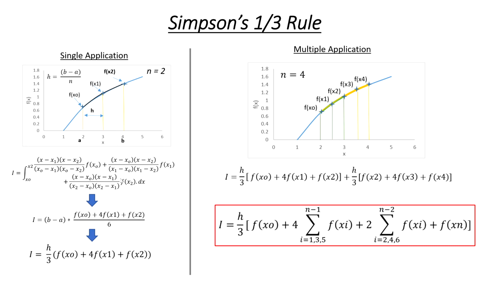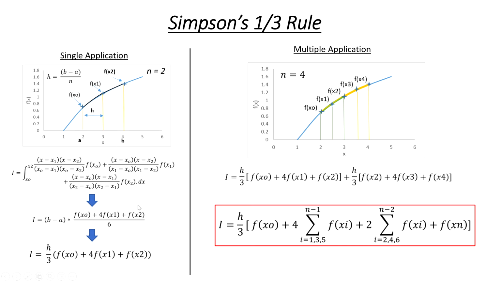Now, I'm not going to go through the derivation of this type of polynomial because it's not important for this discussion, but when we integrate this type of polynomial, we get this very simple version of this integration, which is b minus a, the upper limit minus the lower limit, multiplied by this term here, which is basically a version of the average height for this second order polynomial, defined as f of x naught plus 4 f of x1 plus f of x2 divided by 6.